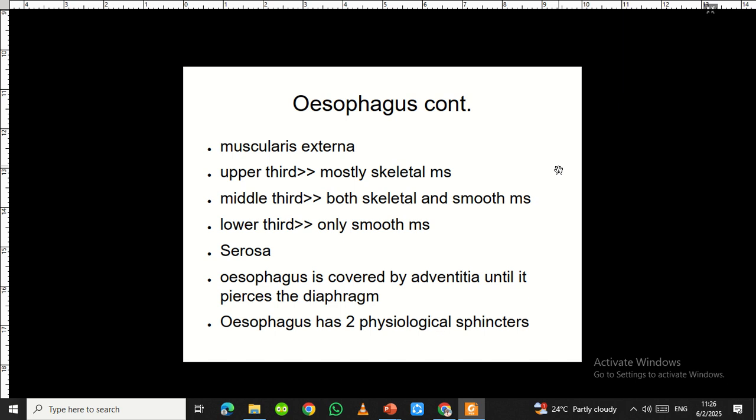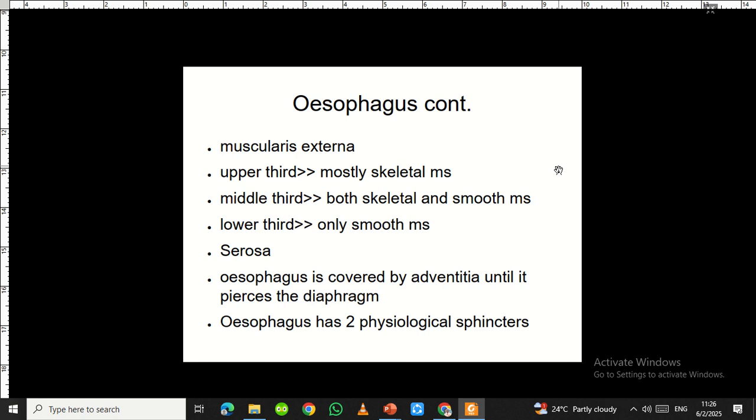Smooth muscle. You understand? And the esophagus is divided into thoracic esophagus and abdominal esophagus. The thoracic esophagus has no mesentery. So therefore it has what? Therefore, it is covered by adventitia, right?